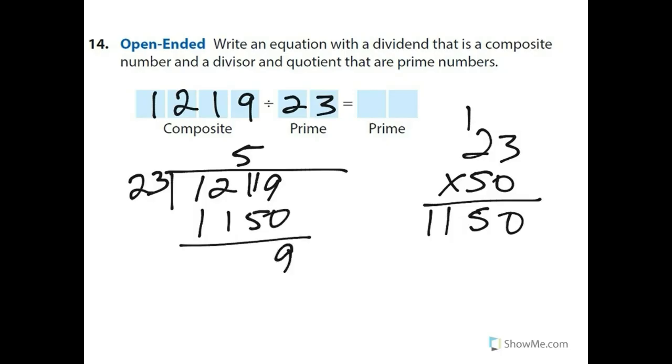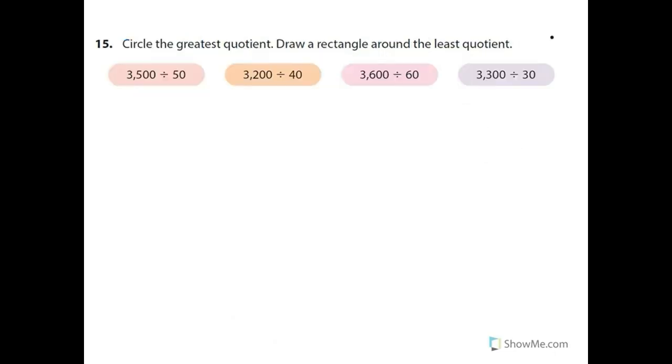We got 9, 11, 69. Well, that can be 3. 3 times 3 is 9. 3 times 2 is 6. So 53. 53.